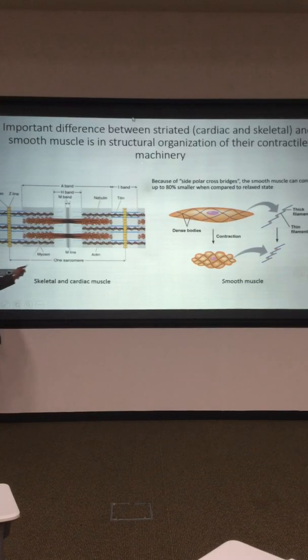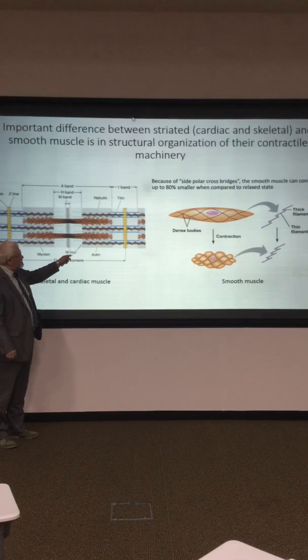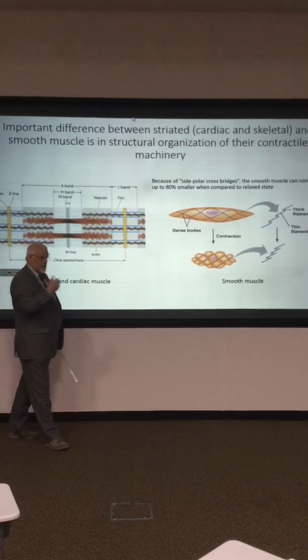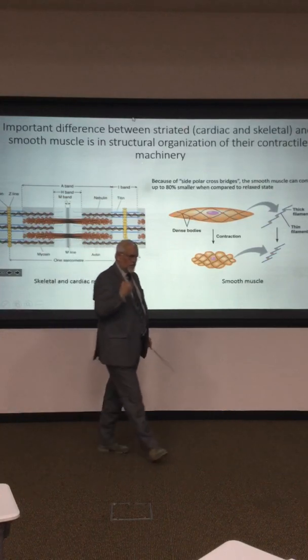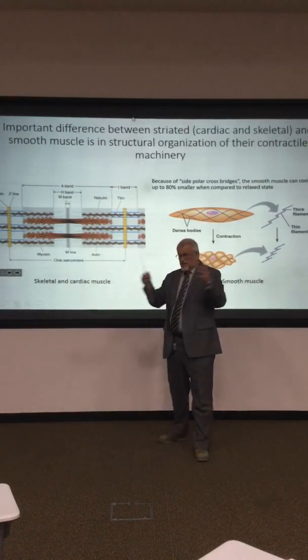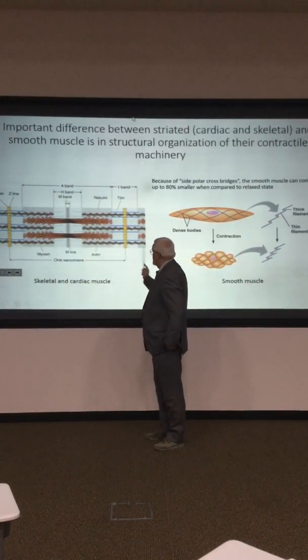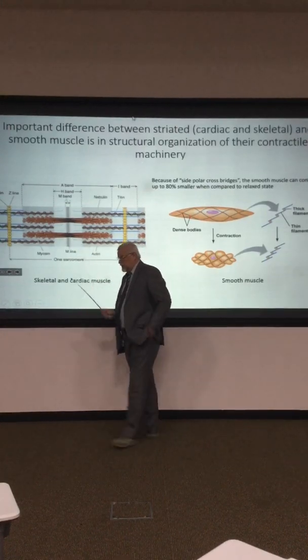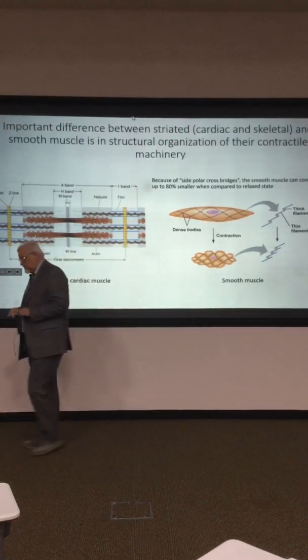So it's a regular structure, and the way it generates force is by interaction between myosin fibers and actin fibers by creating cross bridges, and cross bridges pull, exert force, so the muscle eventually tries to contract due to interaction between actin and myosin.